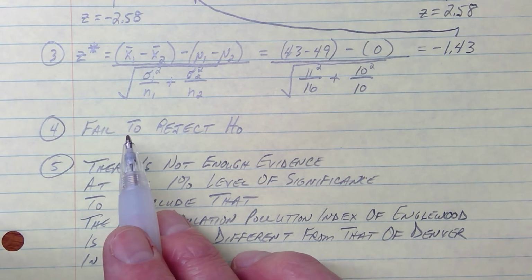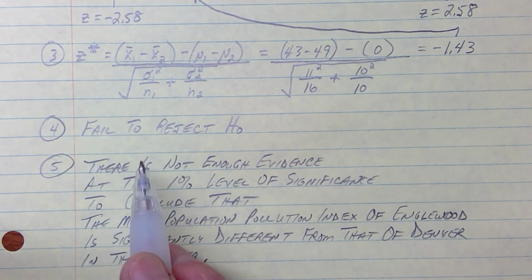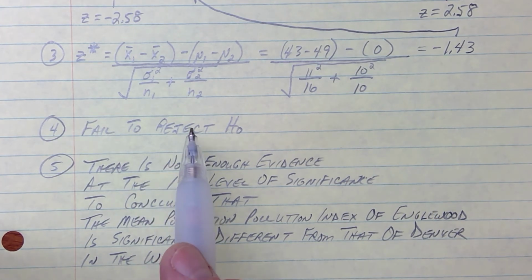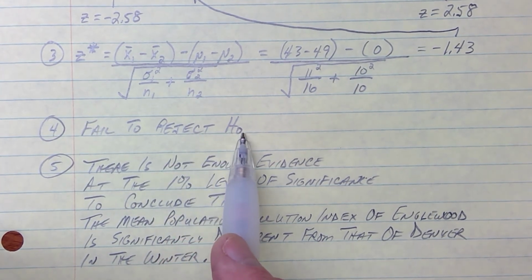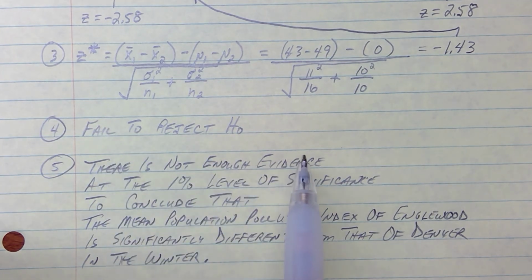And then this is your conclusion. Interpreting your conclusion, I just use the same words every time. There will be an is or an is not right here. I was trying to reject what they said, and I failed. That means I didn't gather enough evidence. My evidence was no good.